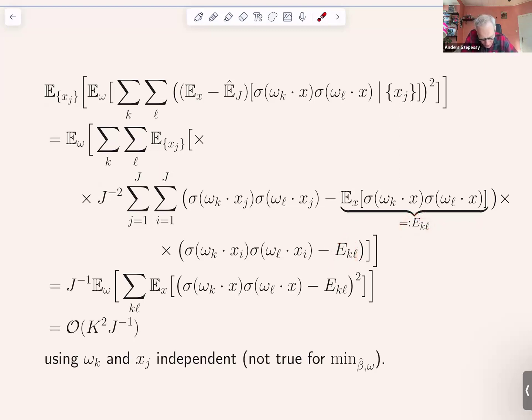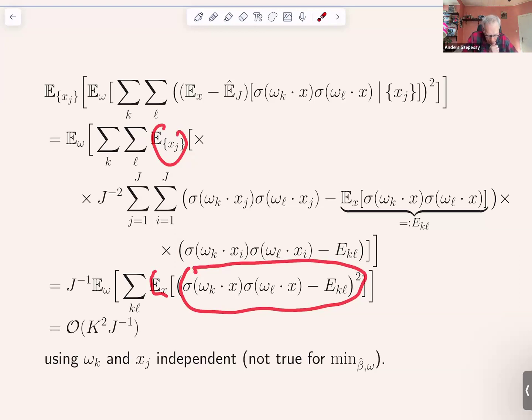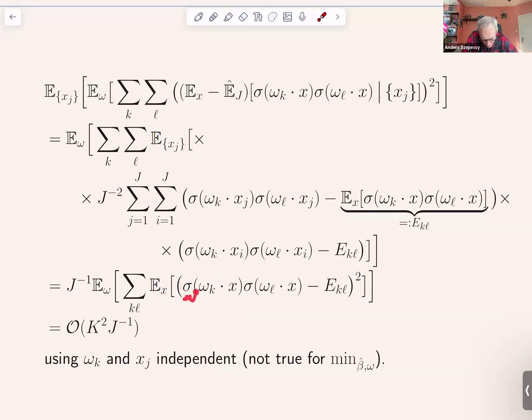Okay, so then again, now when we have this expected value, when I and j are different, this kind of term will vanish, and the double sum will only be one sum, and we get 1 over j, and then the expected value here will be just this squared now. And that is bounded, because we have assumed the activation function to be bounded.